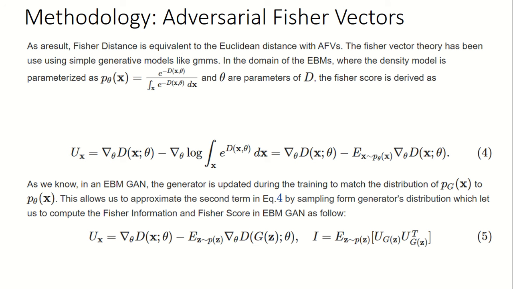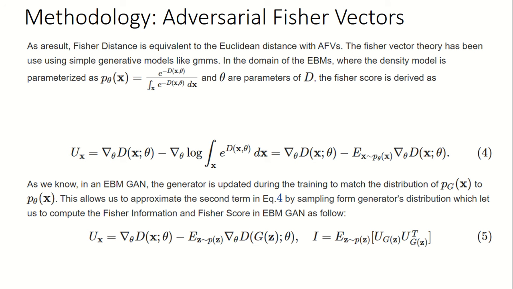But this is not the case for the generator in GAN. So essentially we need to calculate the derivative of the log likelihood of your generative model. This gives us equation 4.